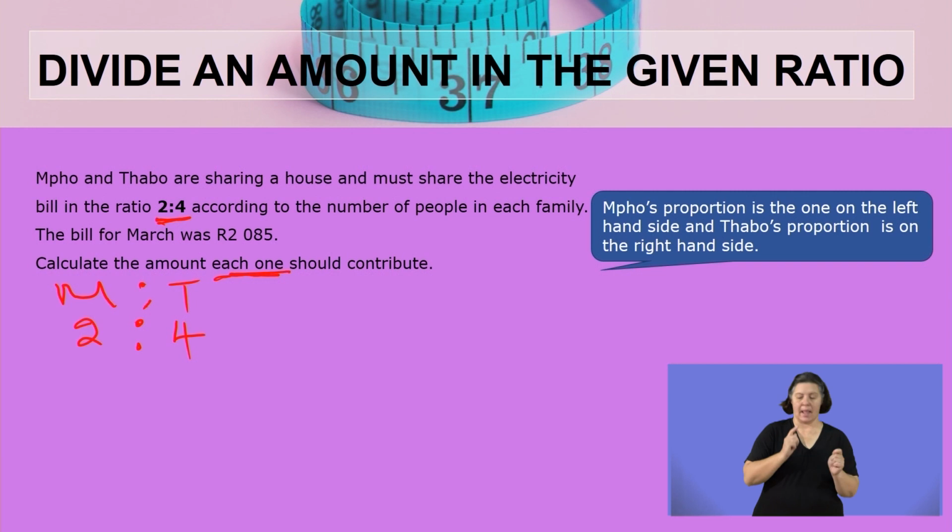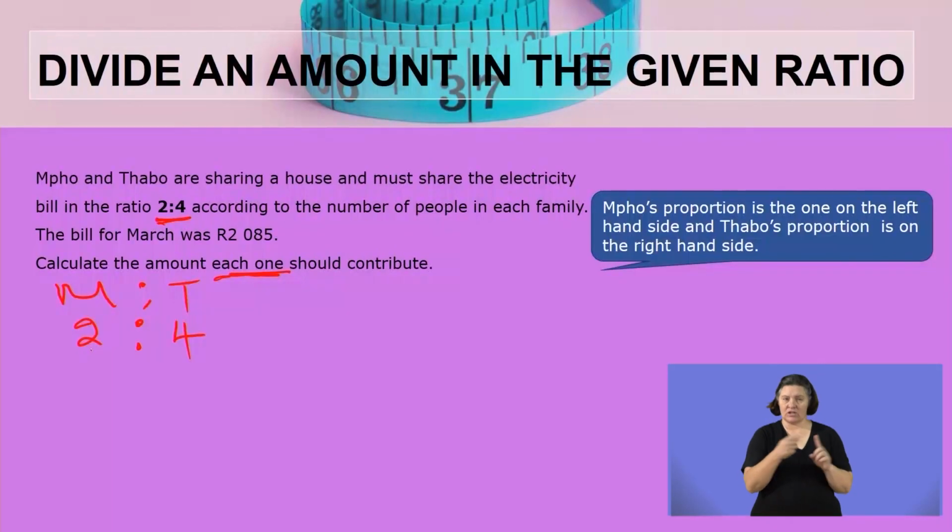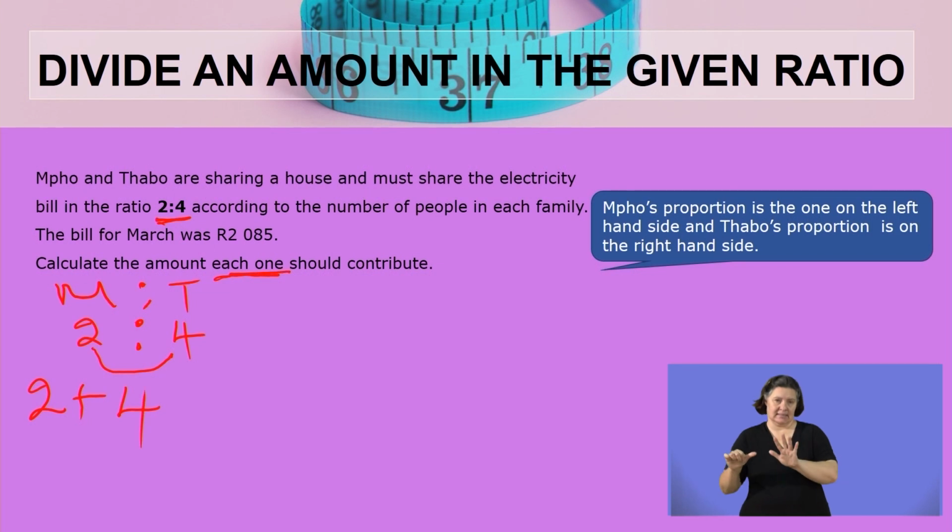So it means you should calculate the amount for both. Let us start with the amount that Mpho will contribute. But for you to calculate that amount, number one, we must get the sum of these values in a ratio. Then we will say 2 plus 4, which gives us 6.